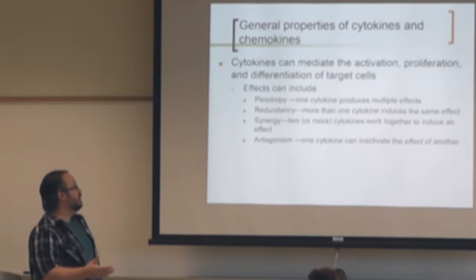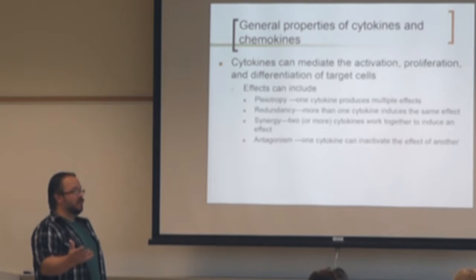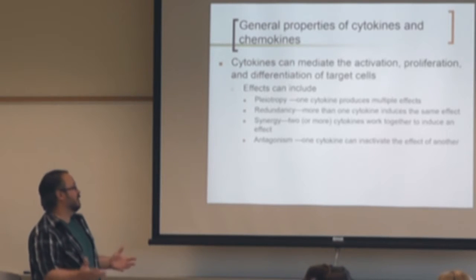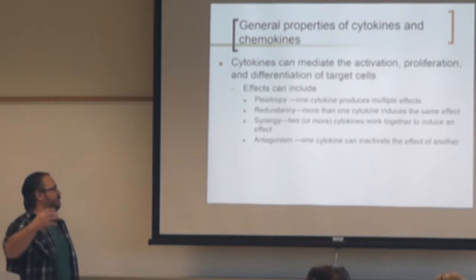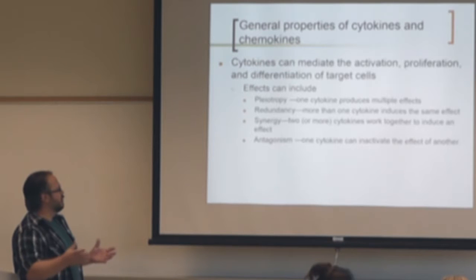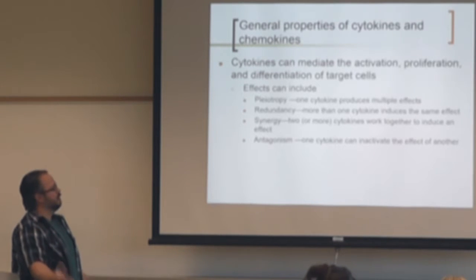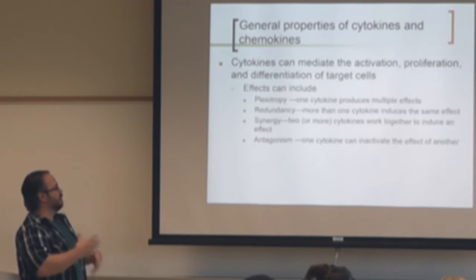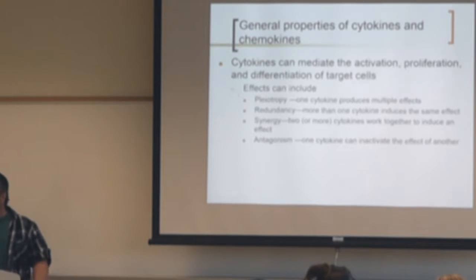Then there's redundancy. A lot of times there is more than one cytokine that will do the same thing. IL-2, I think IL-15, will bind to the same receptor. So there are multiple cytokines that all have the same effect, but there's this redundancy built into the system to make sure that we have a proper response.